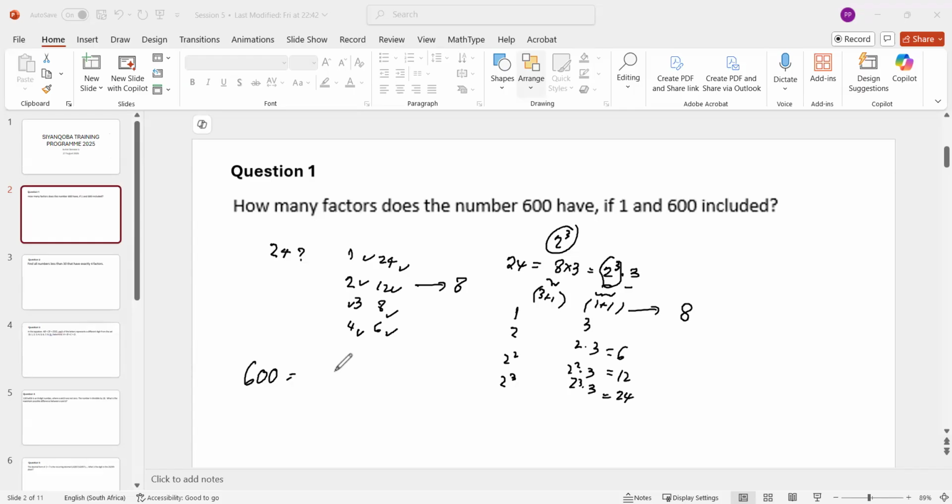This is what I do. I just put 6 times 100. And then I factorize 6. And then I factorize 100. Now these are primes, so you can't factorize them any further. But 10 is not a prime. I can still factorize it.